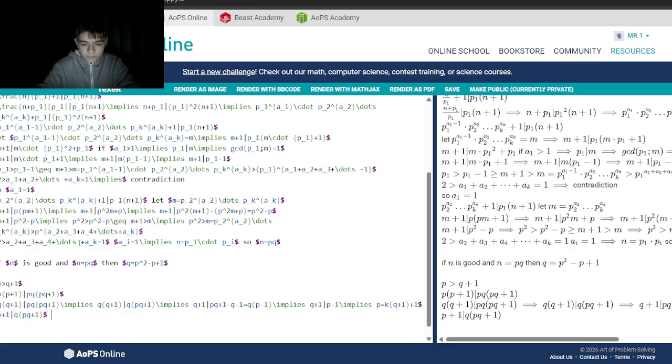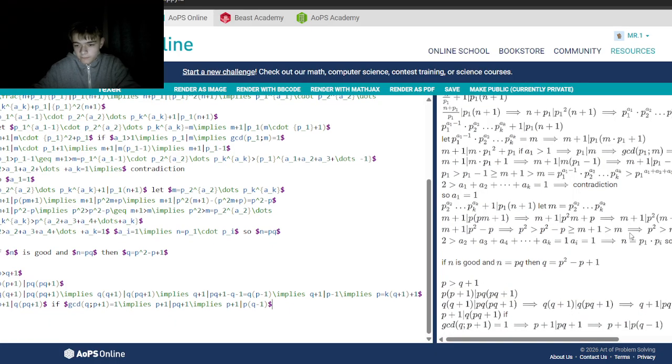Now if the GCD of q and p plus 1 is equal to 1, this implies that p plus 1 divides pq plus 1, and this implies that p plus 1 divides p times q minus 1.